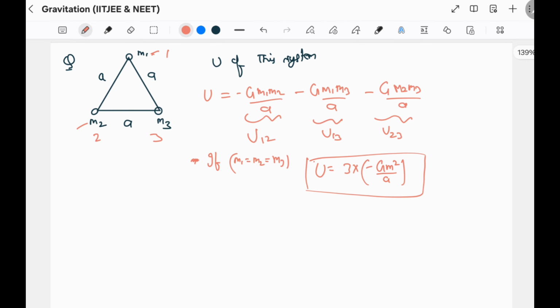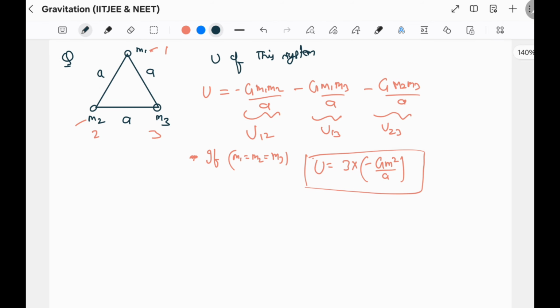These kinds of questions, the same thing I can do for a rectangle. If I give you a rectangle like this, where each mass is m and the side is l, or a square you can take.